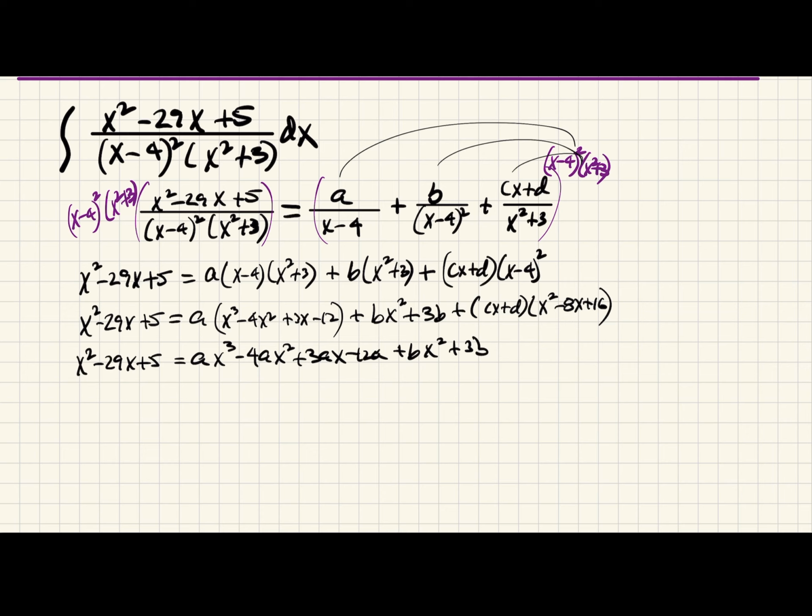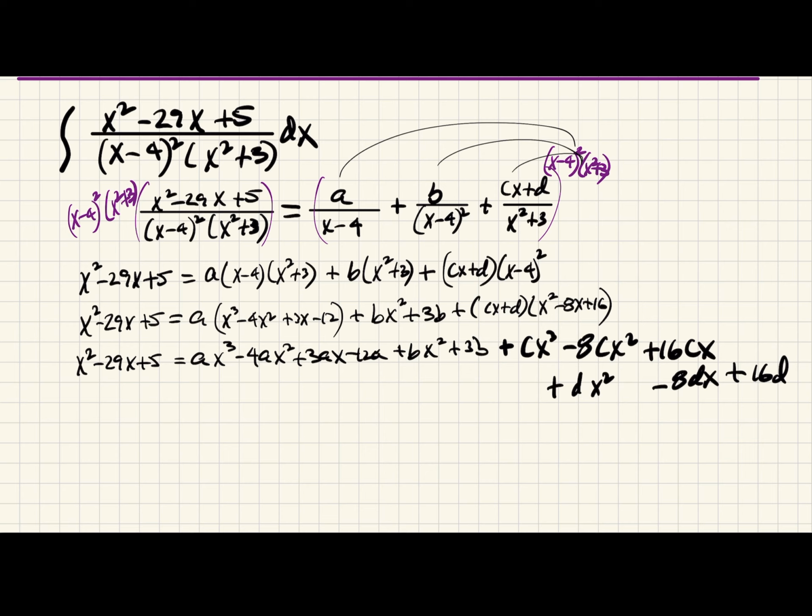So we'll have plus cx cubed minus 8cx squared plus 16cx plus dx squared minus 8dx and then plus 16d. That's some stuff, isn't it? Let's make our system of equations.